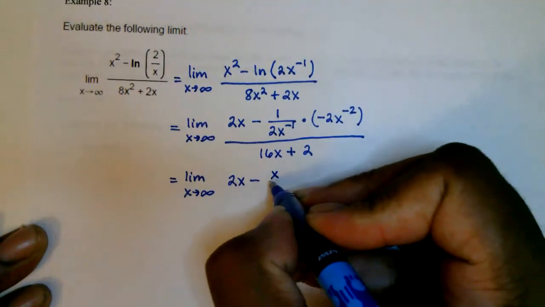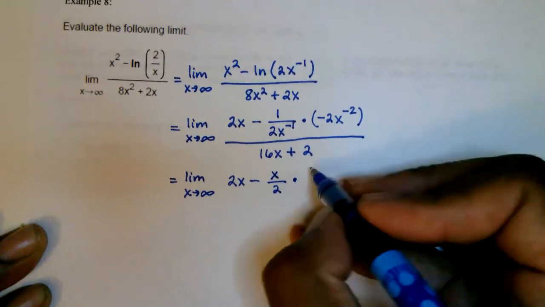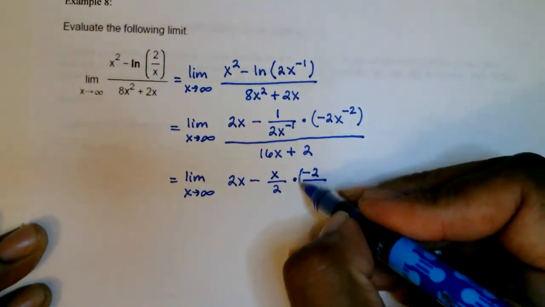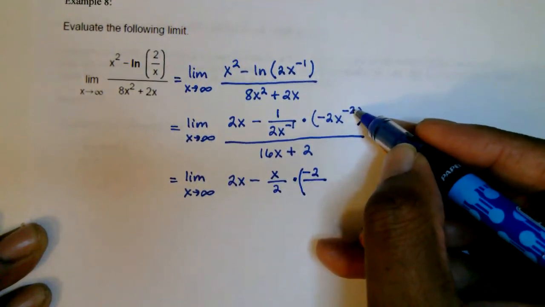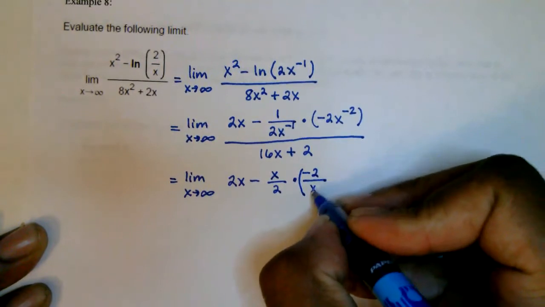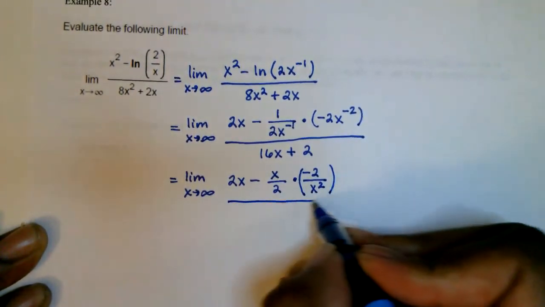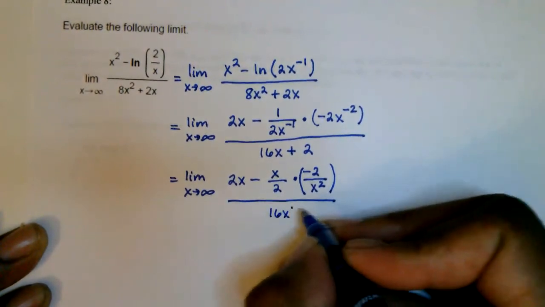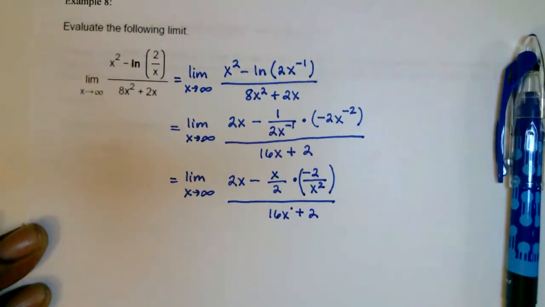So this will be x in the numerator, over 2 times the negative 2 in the numerator, and x to the negative 2, if I write that using positive exponents, the x goes in the denominator as x to the positive 2. And again, that's over 16x plus 2.